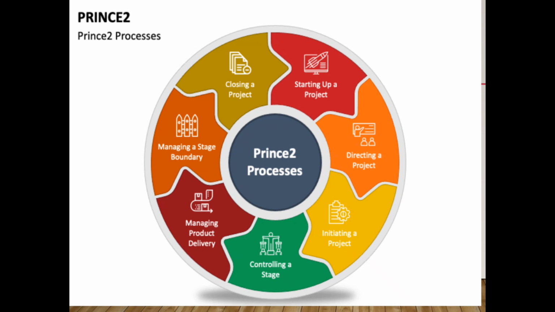We can give an example: a government is thinking of building a hospital. If they're building a hospital, they're going to have a board of directors. The board of directors will be there to make the decisions. Then we are going to have the project managers.